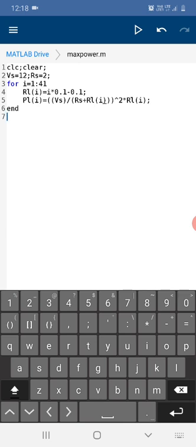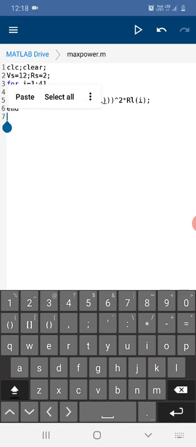When RL equals 0, PL equals Vs, which is 12, by Rs equal to 2, 12 by 2 plus 0, 2 plus 0 equal to 2, 12 by 2 equal to 6, 6 into 0 equal to 0. The total power when we use RL equal to 0 is 0.